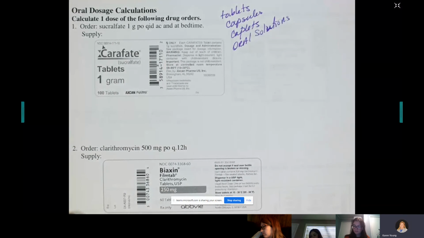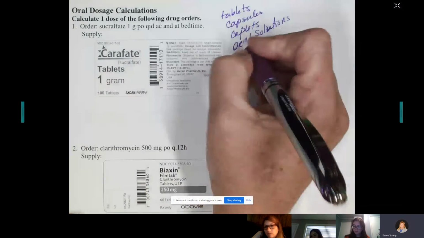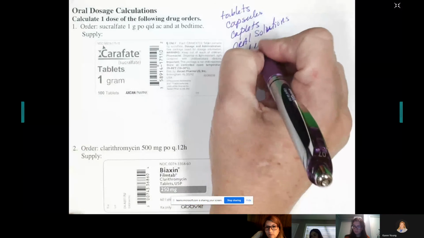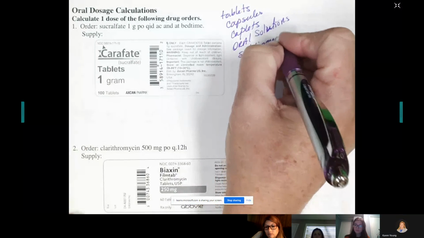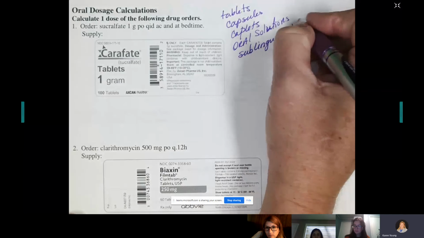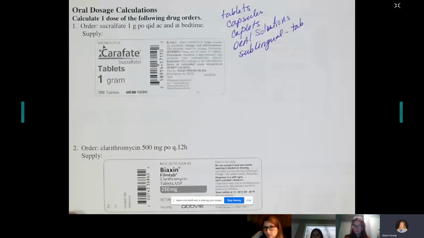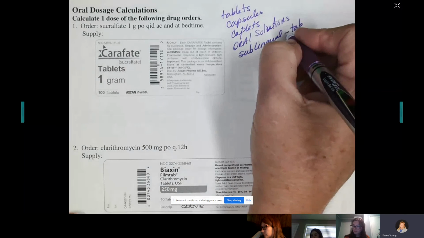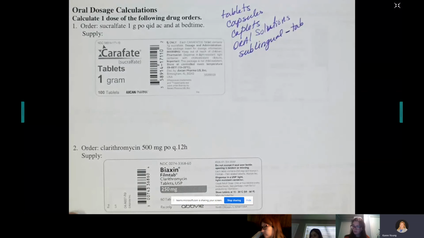Okay, so we have all those. There's also sublingual, but this is still in a tablet form, so we'll still be given a tablet. The directions will say sublingual, so you have to make sure that when you're giving the medication, your supply is in sublingual form.